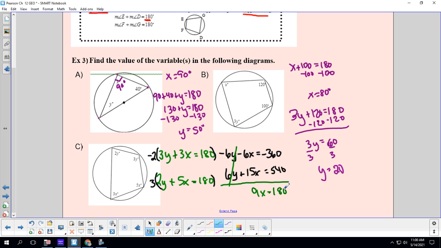Oh my goodness, is it Friday? I think it is. Divide both sides by 9, and x is equal to 20. We are not done. Just knowing x is equal to 20 doesn't mean we have solved for y.